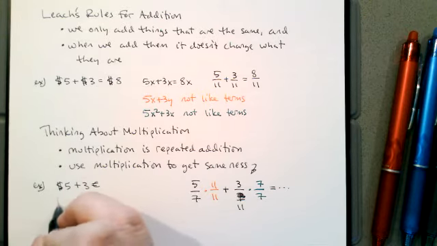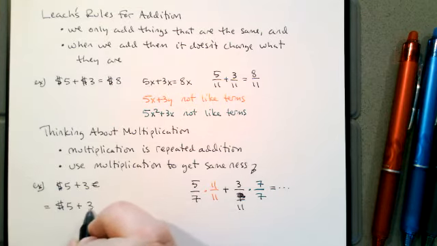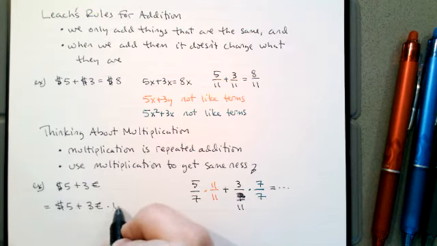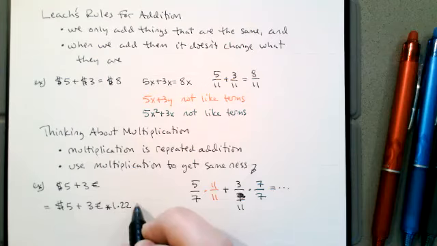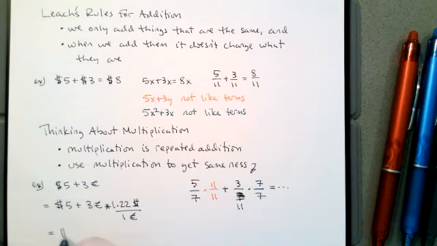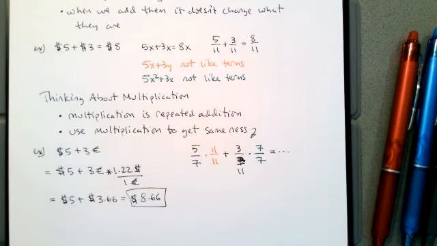So if I take the $5 and convert my €3, I think it was 1.22, I use multiplication, $1.22 per €1. Now I will have the same currency, $5 plus $3.66. And so I can add them and come up with $8.66. So in these two cases, we use multiplication to get sameness.